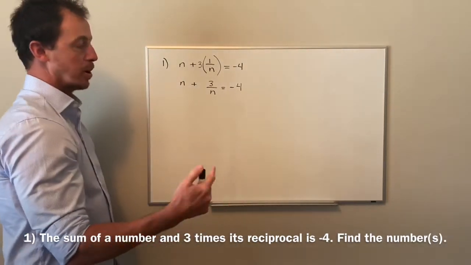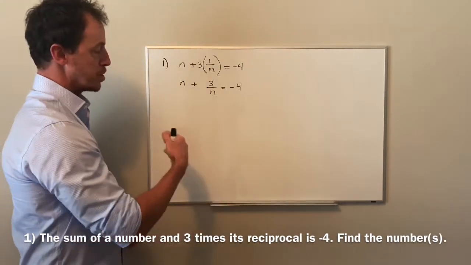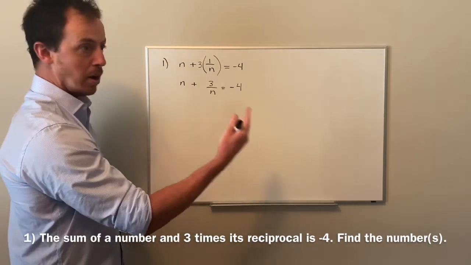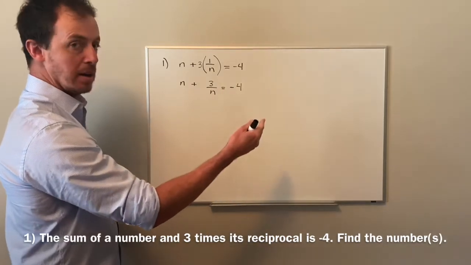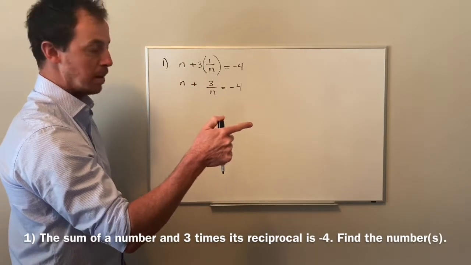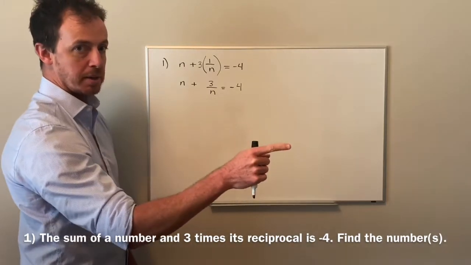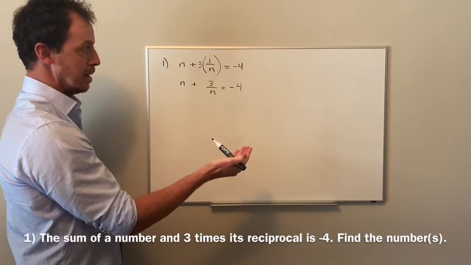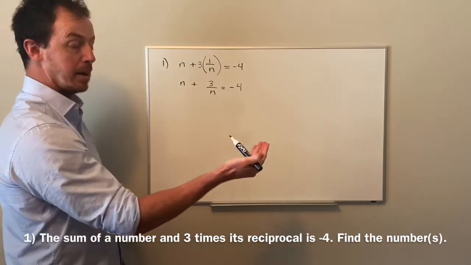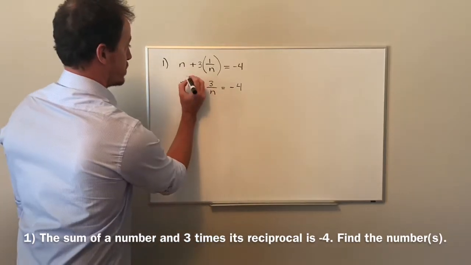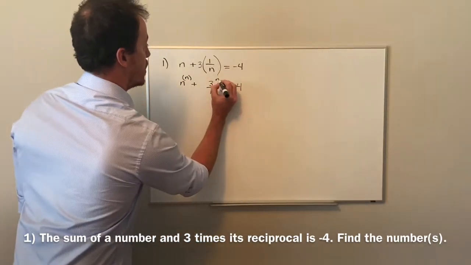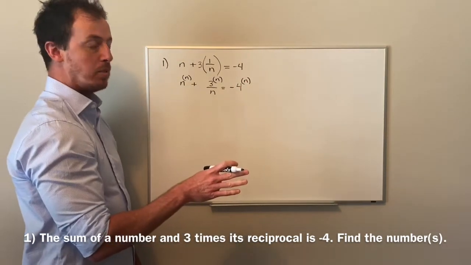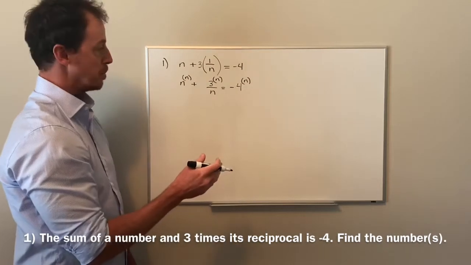And so if you'll recall from the last lesson, when we're solving rational equations, what we want to do is multiply every term by the same thing, and we want that thing that we multiply by to be something that'll make all the denominators cancel. Well, this one's easy because it only has one denominator, and that denominator is an n, so that least common multiple of the denominators would just be n. So, just like last time, we go in here and I multiply every single term by n. It's a perfectly legal move as long as we do it to every single term.